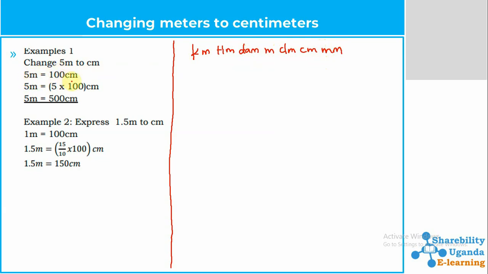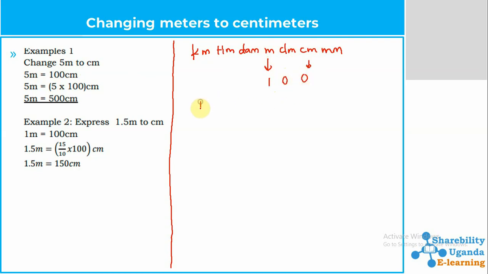This is how 5 meters is equal to 500 centimeters came about. We have meters here, then we have centimeters. When you want to understand how many centimeters are in a meter, we put our 1 here, then up to where the centimeter is, these should be zeros.